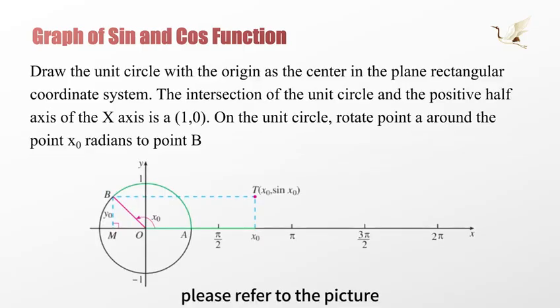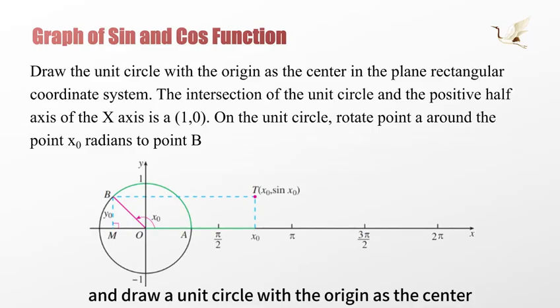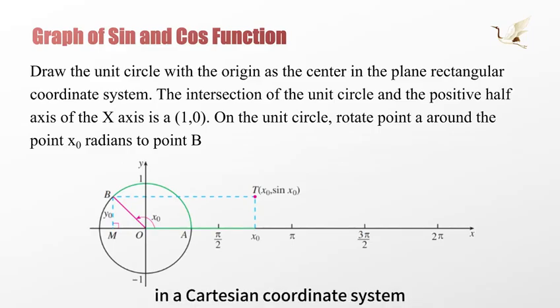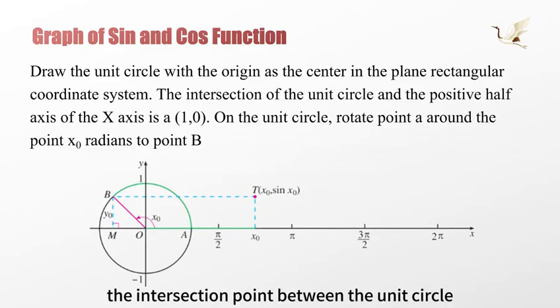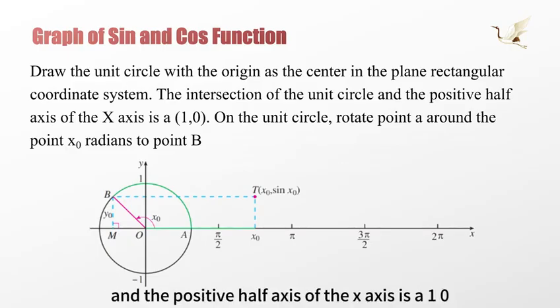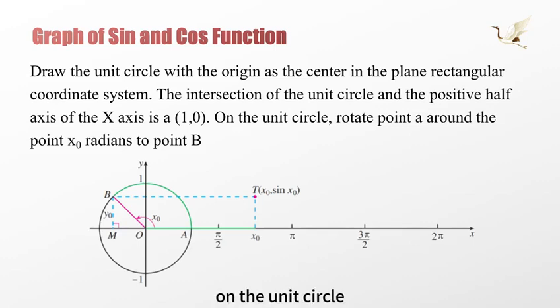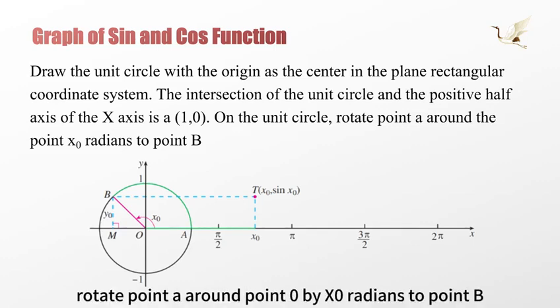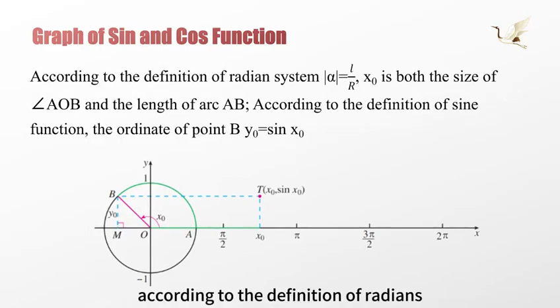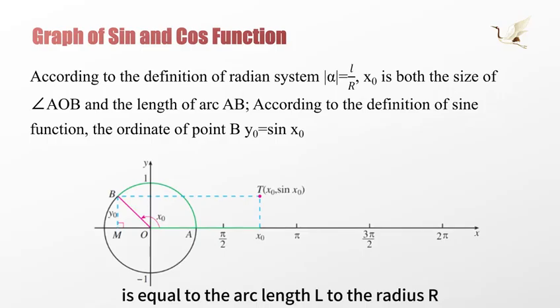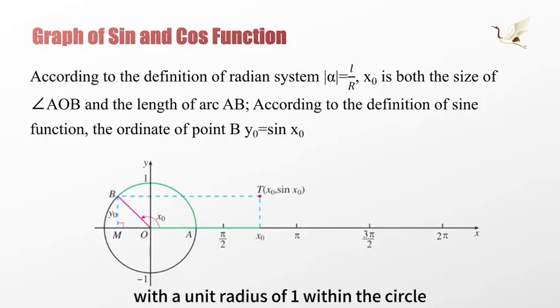Please refer to the picture and draw a unit circle with the origin as the center in a Cartesian coordinate system. The intersection point between the unit circle and the positive half-axis of the x-axis is A(1, 0). On the unit circle, rotate point A around point O by x0 radians to point B. According to the definition of radians, the absolute value of alpha in radians is equal to the arc length l over the radius r, with a unit circle radius of 1.